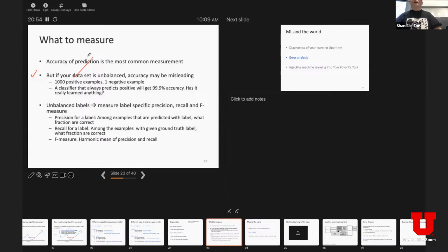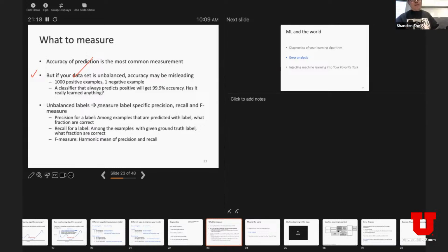This is a highly unbalanced data set. If you want to build a click model, you want to predict, given this advertisement on the web page, will the user be interested to click? Of course, you cannot just use accuracy to drive the learning of your classifier.